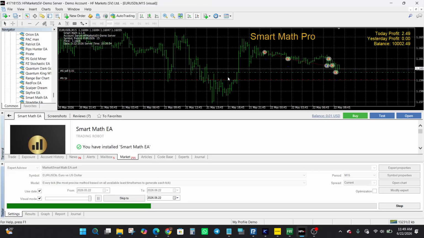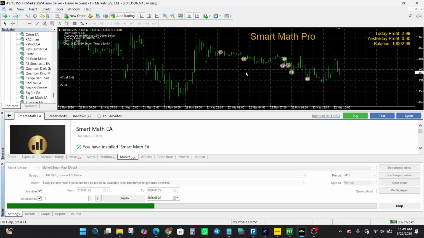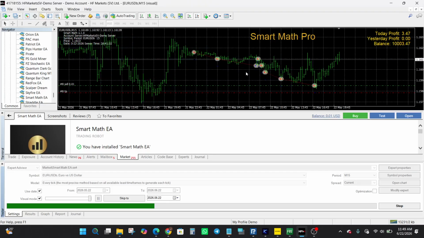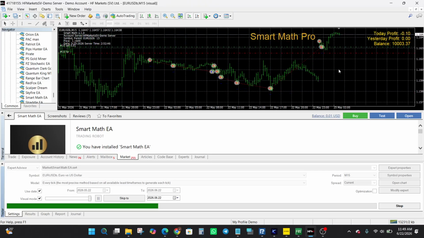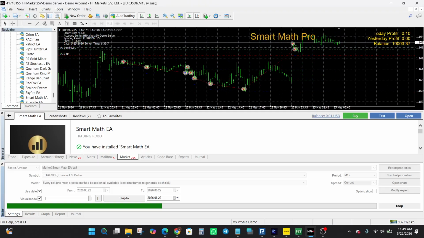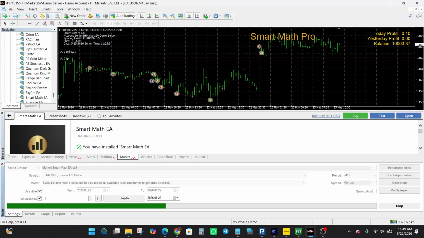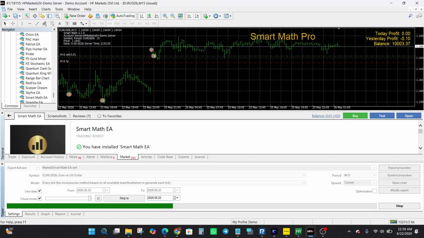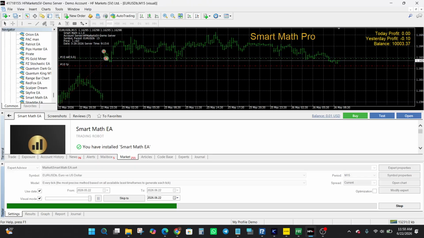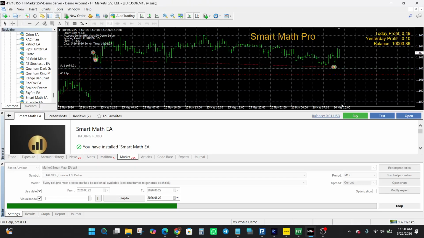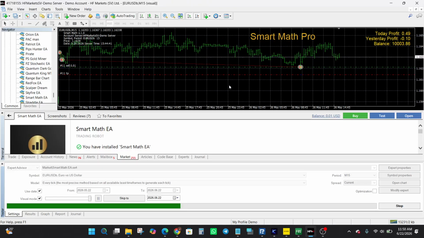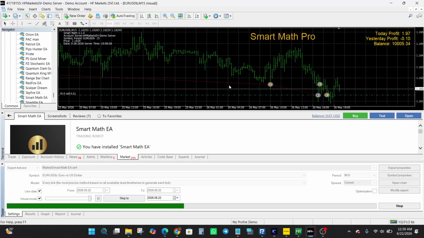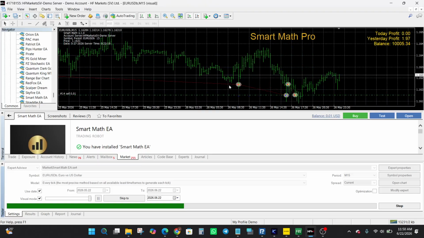Looking through the historical chart activity, we can observe the trading behavior and how the EA manages positions according to its configured parameters. Now, since the developer explicitly states that averaging and grid logic are part of the system, those elements become important areas to monitor when reviewing historical results. At this stage, I prefer focusing on consistency, drawdown behavior, and overall trade management rather than simply looking at the final profit figure.